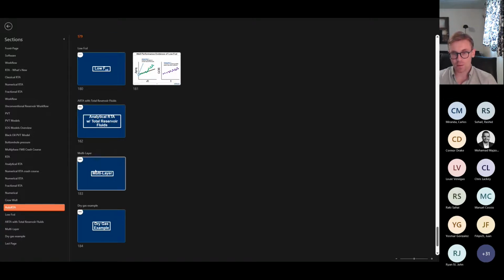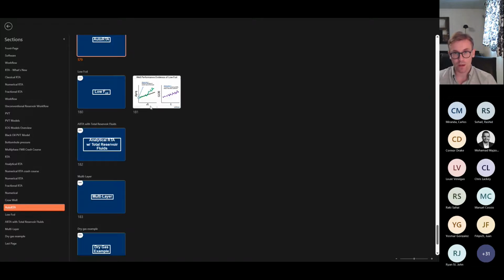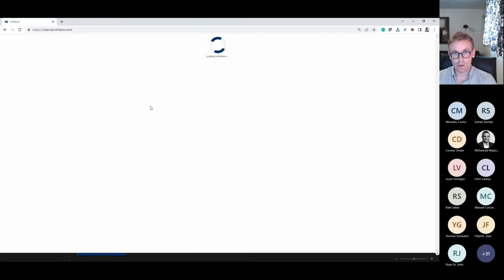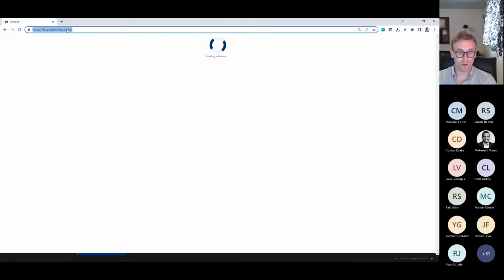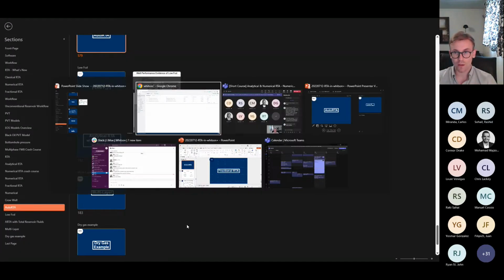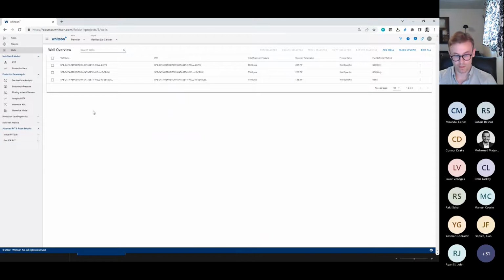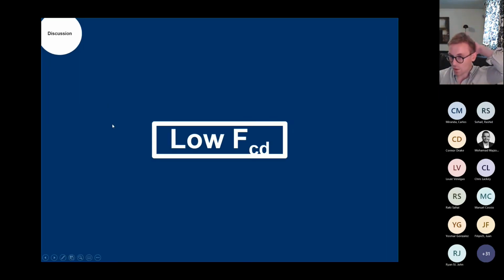And if we have time, we can start to dig into some multi-layer models, how to build that, and maybe even a dry gas example all the way in the end. And here it looks like even internal is not really working, so that is also a little bit unfortunate. But okay, I'll start with the low FCD type of case.